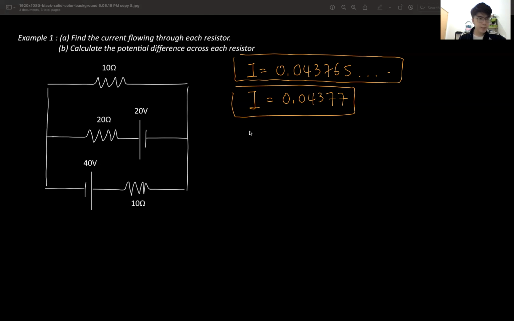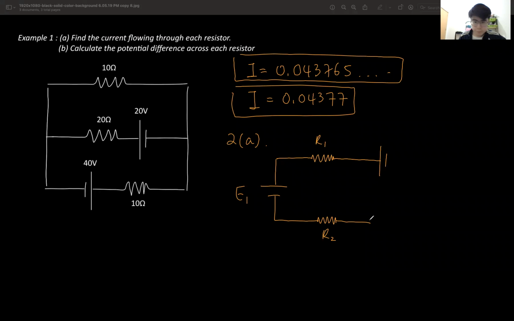If your battery has internal resistance, like in 2A, you just expand the battery like that. This is R1, R2, and then this E2 has got internal resistance R. So you can add a small resistor at the side.